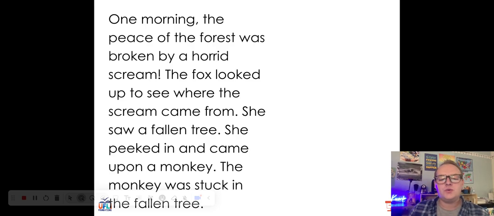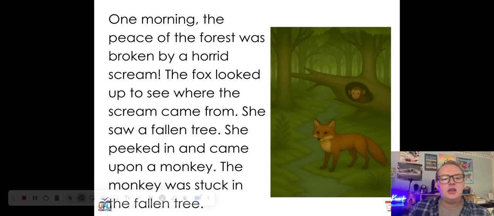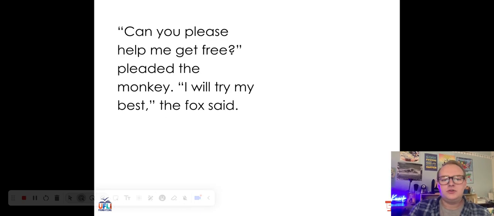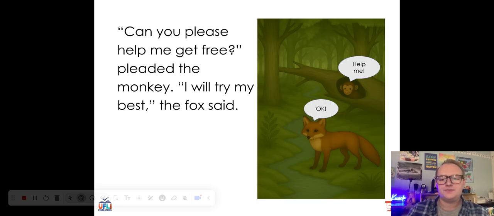The monkey was stuck in the fallen tree. "Won't you please help me get free?" pleaded the monkey. "I will try my best," the fox said.